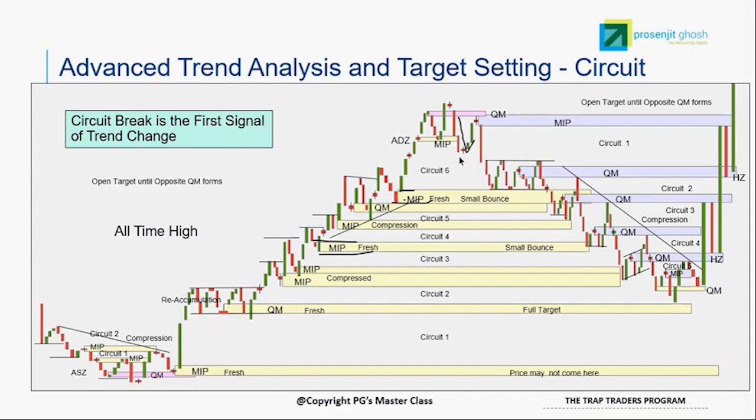Because when the circuit breaks, these MIPs may fail completely, may give a small bounce, or it can completely fail. Whereas if the circuit is intact, these MIPs will certainly give big bounces. That is a big difference. The same demand MIP in a trend will give you a big bounce. The same demand MIP after the trend change will give you a small bounce. Okay, so this is a big thing.